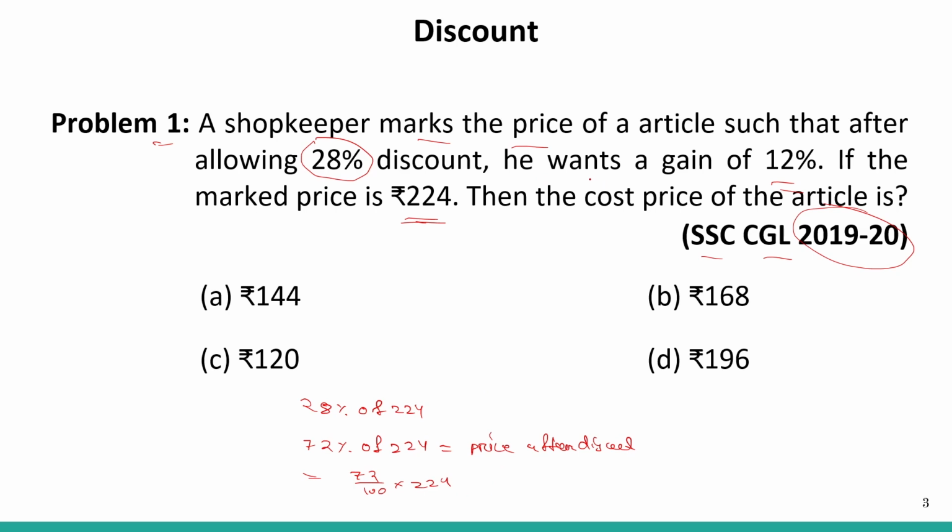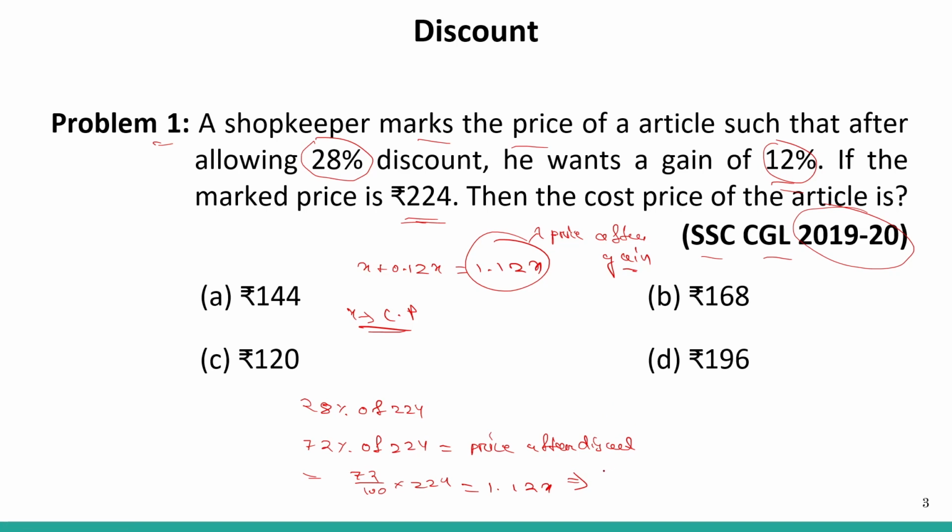He got a gain of 12%. So it will be x plus 0.12x, which is equal to 1.12x. This much amount will be after gain, so this is the price after gain. You must be wondering what x is here. x is assumed to be CP, so let x be the CP. This will be equal to 1.12x, because after getting the 12% profit and giving 28% discount, this is what the numerical equation looks like.